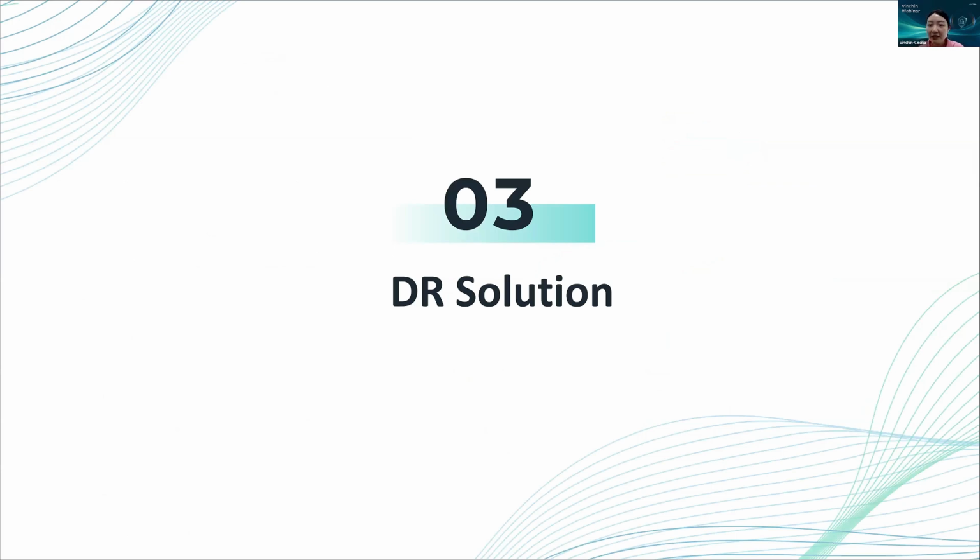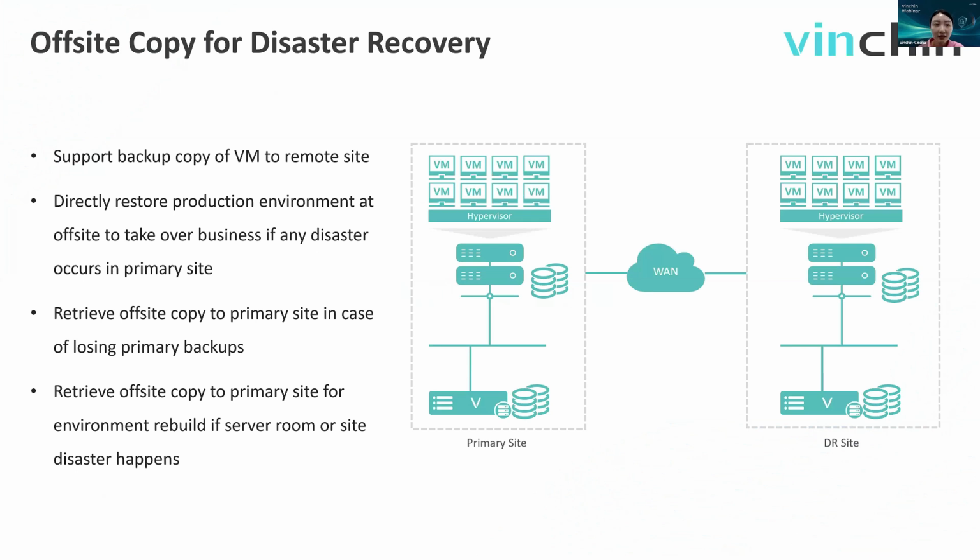So next part, let me share with you our disaster recovery solutions. Firstly, Vinchin supports offsite copy for disaster recovery. If your environment has two independent data centers, you can deploy Vinchin Backup Server on each site to make them the disaster recovery center for each other.